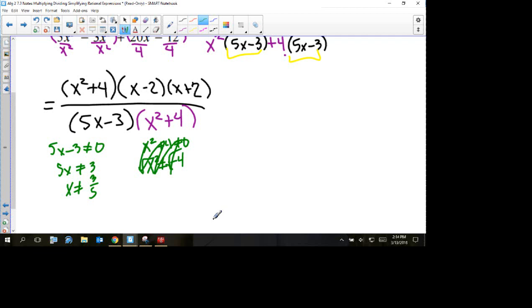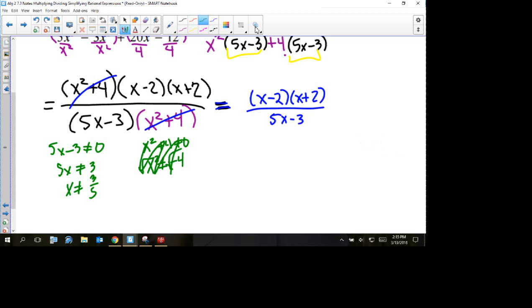So you found your domain restriction. Now we can start canceling things. Anything on top and the bottom we can cancel? x squared plus 4. So we have x minus 2 and x plus 2 left over, and on the bottom we have 5x minus 3. Now we reevaluate our domain restriction.